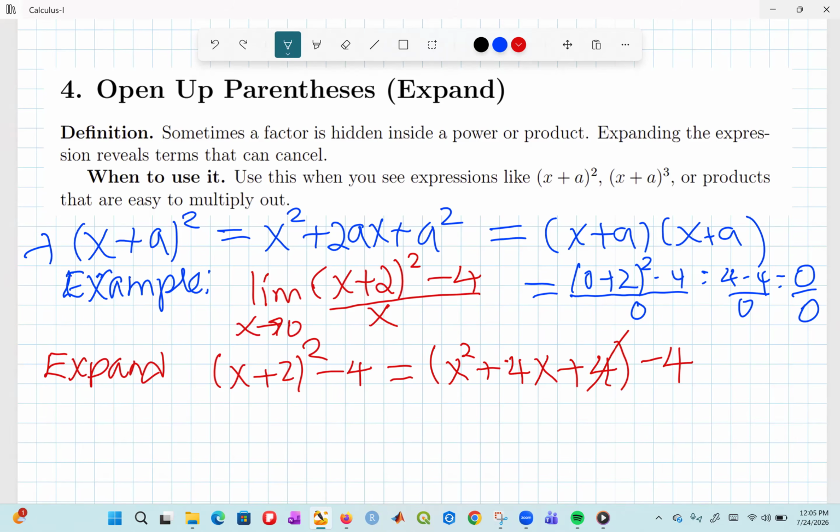This is 4 minus 4, which is 0. So we got x squared plus 4x.